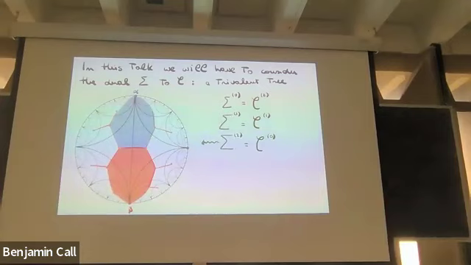Then you have these regions with infinitely many edges on the side. If you think of H2 minus your dual graph, you have this infinite-sided polygon that corresponds to a single vertex.